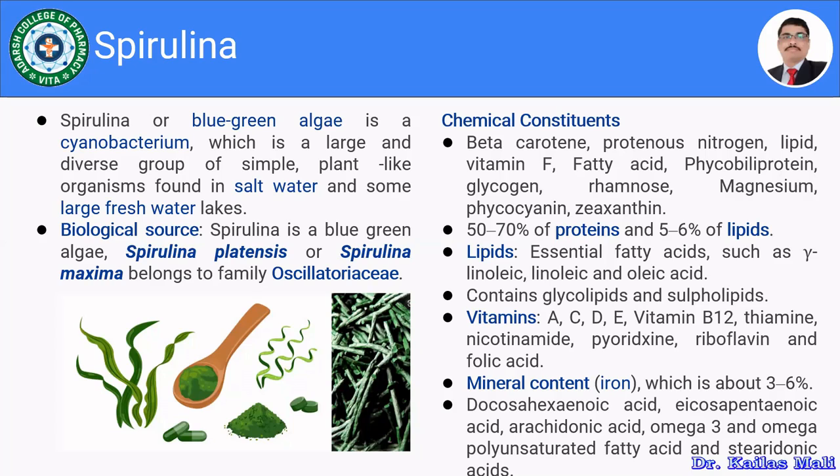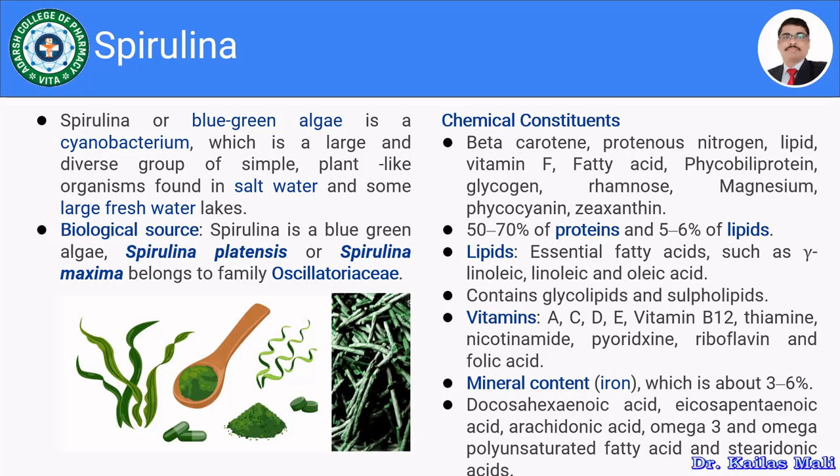It mainly comprises beta carotene, which has a great effect on the body, then proteinous nitrogen, lipids, vitamin F, fatty acids, phycobiliprotein, glycogen, rhamnose, magnesium, phycocyanin, and zeaxanthin. These are the major chemical constituents present in spirulina.